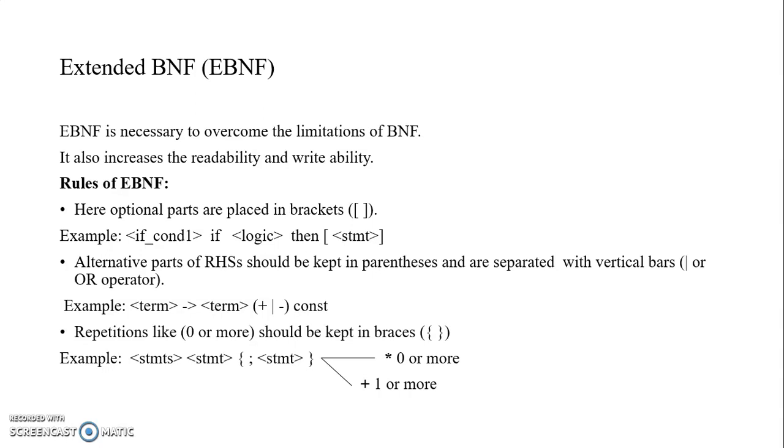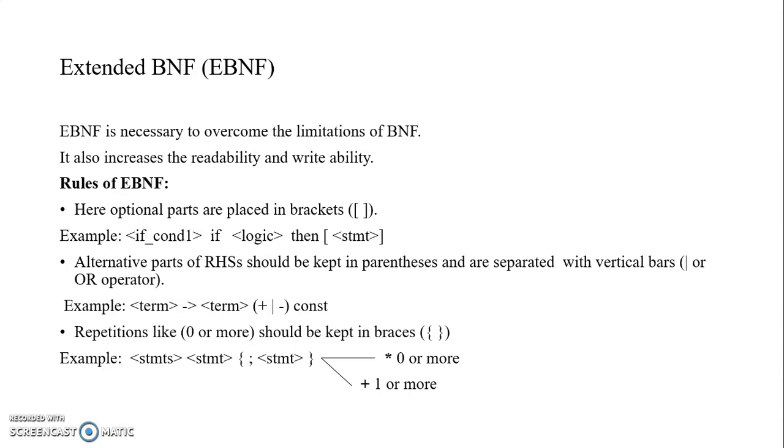Now EBNF also has some rules, and I'll tell them one by one. Here the optional parts are placed into brackets, that is the square bracket. An example similar to the previous one: if condition, then if the logic is satisfied, my statements will be executed.